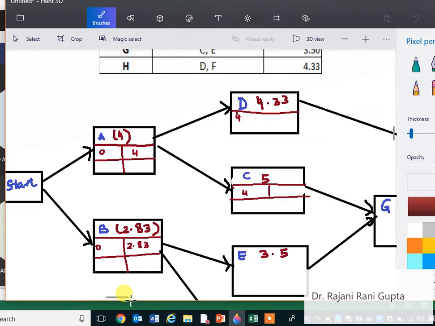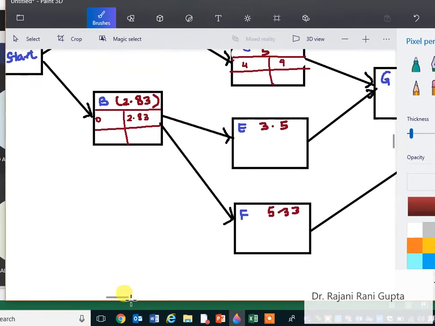Okay, and 4 plus 5 gives you 9. This is 4 plus 4.33, which gives you 8.33. Similarly, activities E and F can start only after completion of activity B. So we will put the time here, 2.83, and here also 2.83.